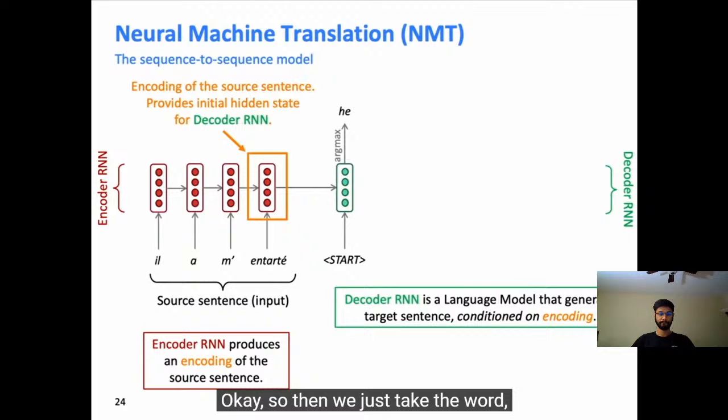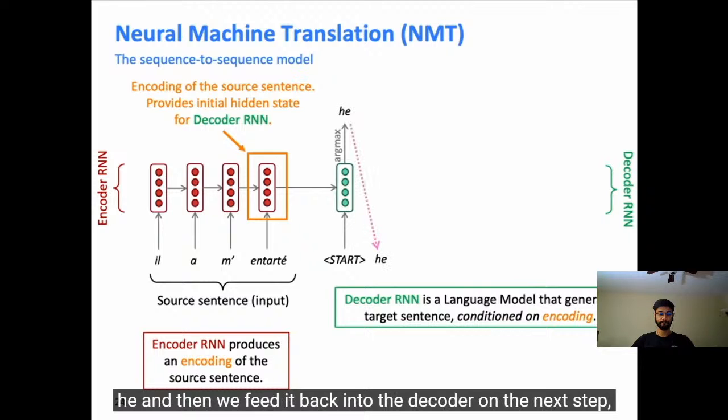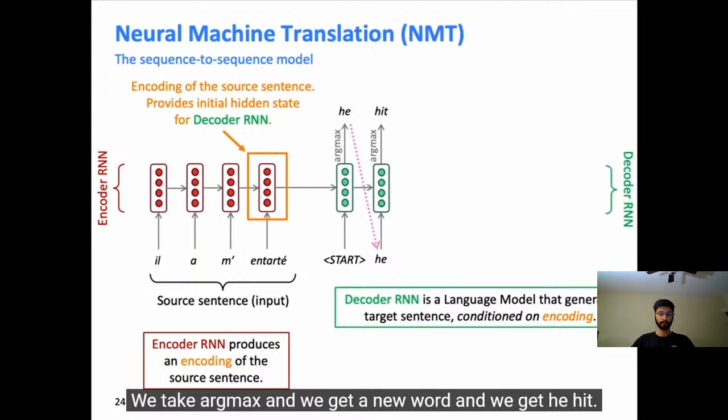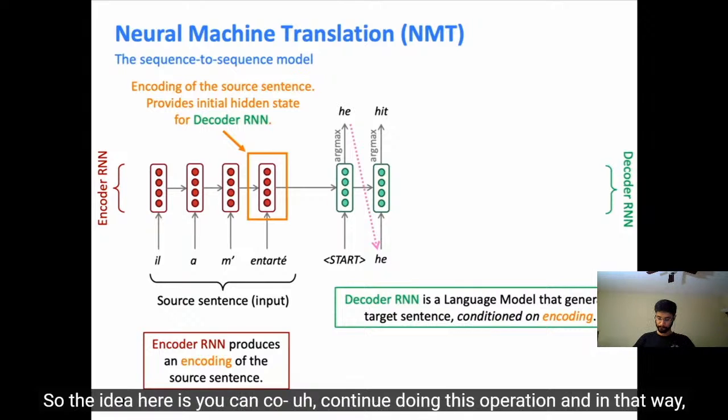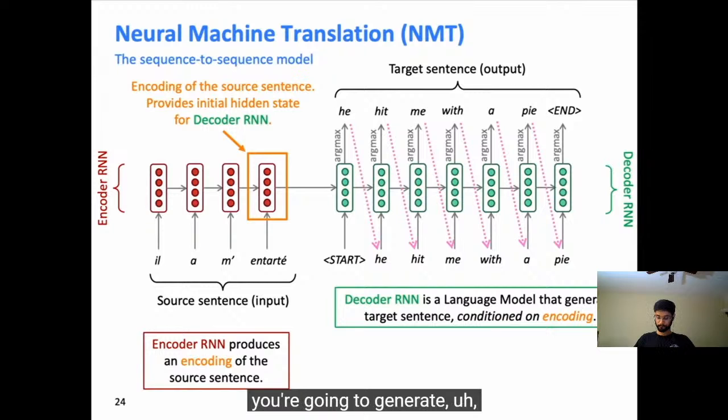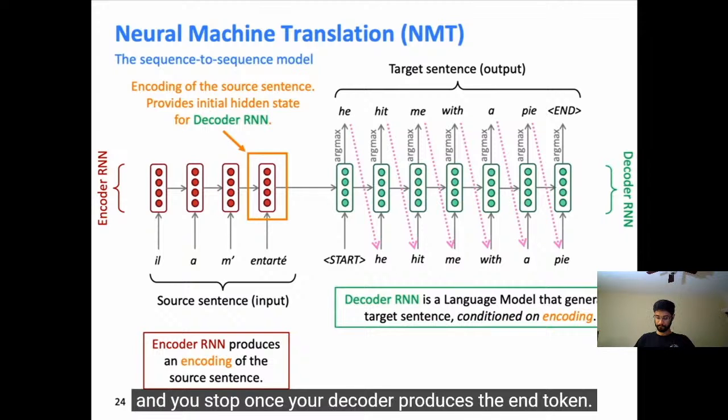Okay, so then we just take the word he, and then we feed it back into the decoder on the next step. And then we do the same thing again. We take argmax and we get a new word and we get he hit. So the idea is that you can continue doing this operation, and in that way you're going to generate your target sentence, which will be something like he hit me with a pie. And you stop once your decoder produces the end token.